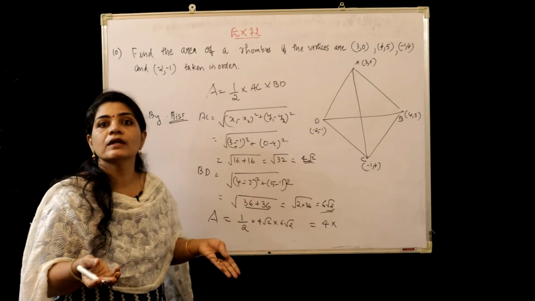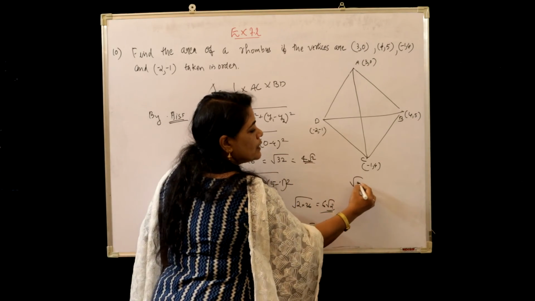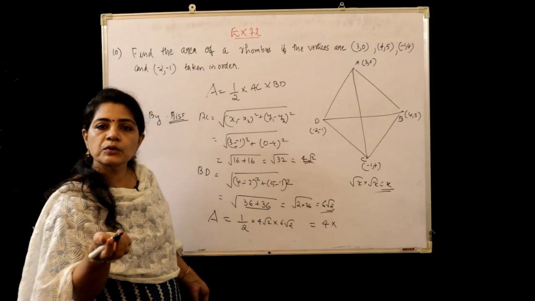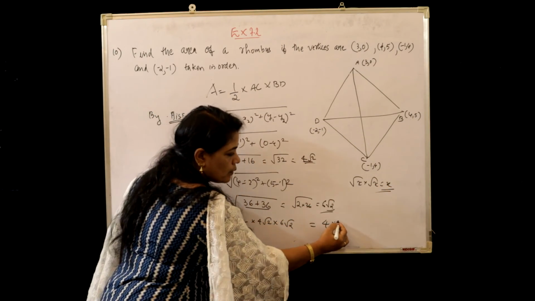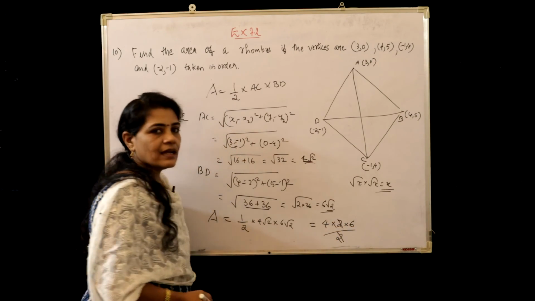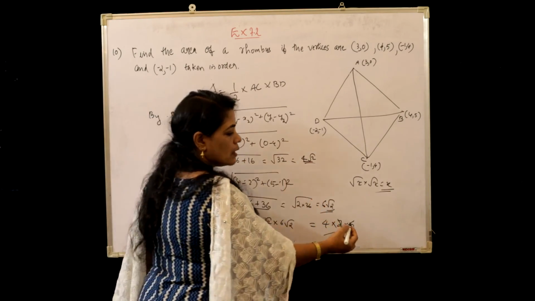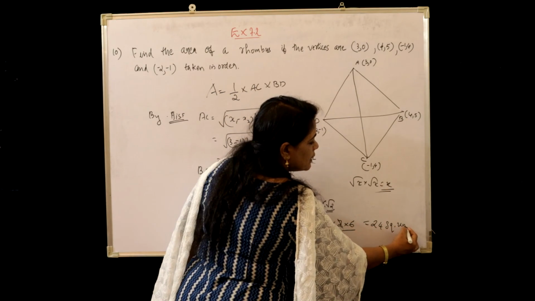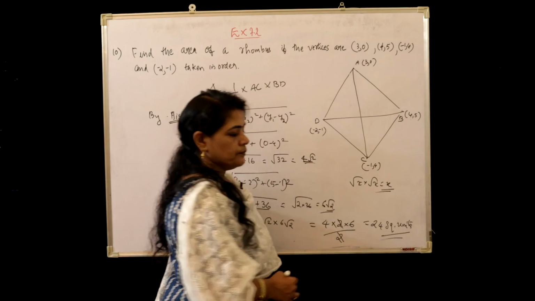Root x into root x is x, right? So root 2 into root 2 is 2 alone. 2 into 6 divided by 2, the 2 gets cancelled. So 6 fours are 24 square units because it is area.